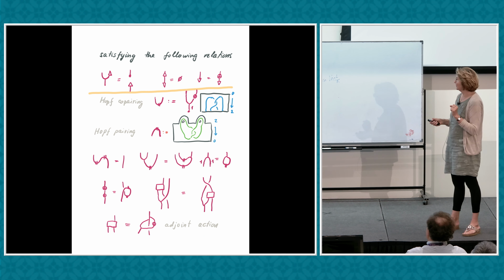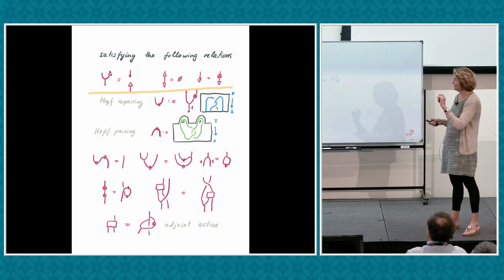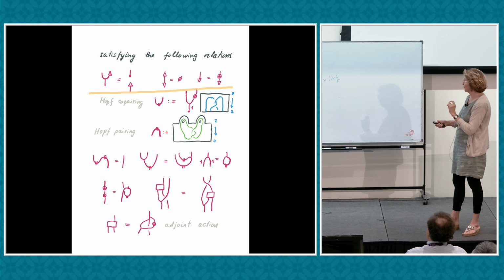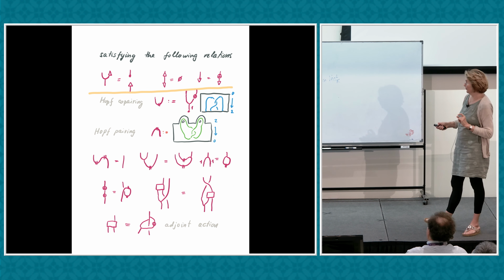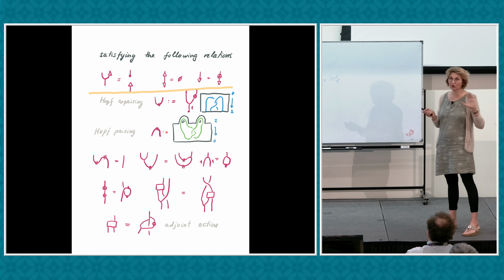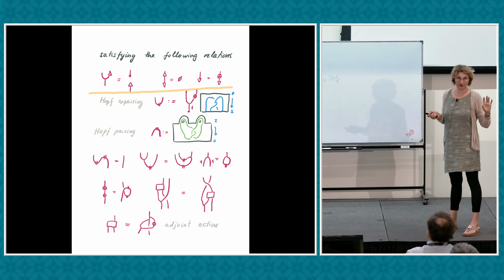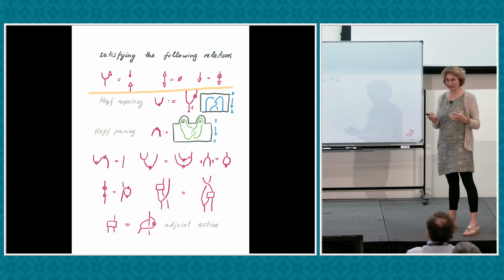Then the fact that it's a Hopf pairing means that it exchanges the multiplication and co-multiplication, and then you have some funny axiom, in particular this axiom for the adjoint action. I'm not providing the full set of axioms, I'm just providing something which is really essential.